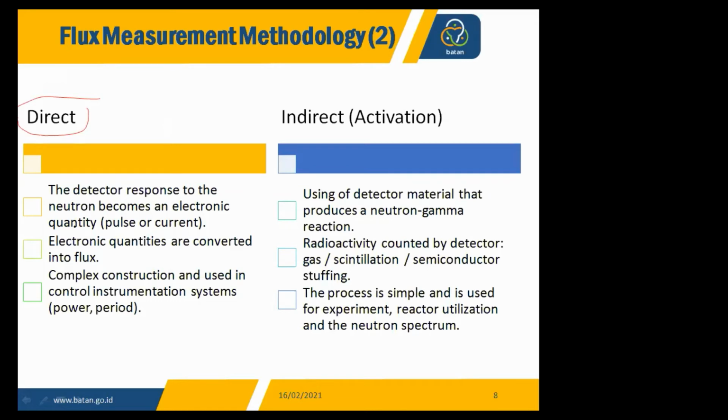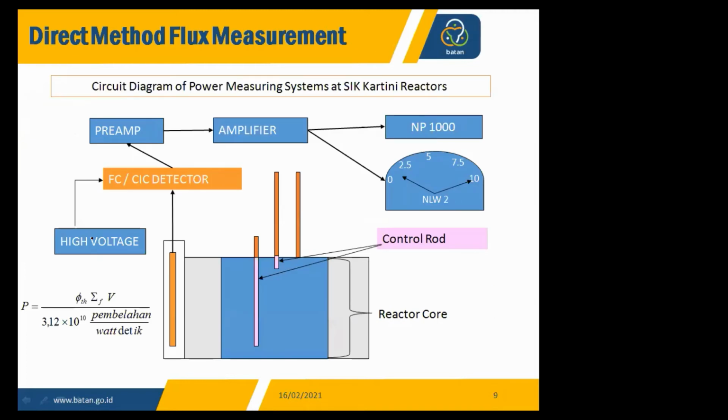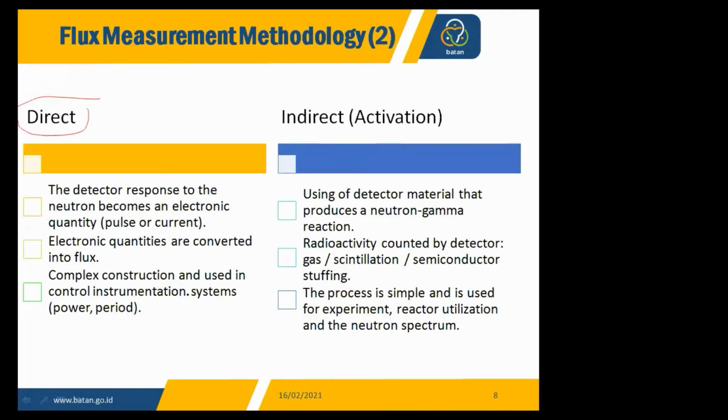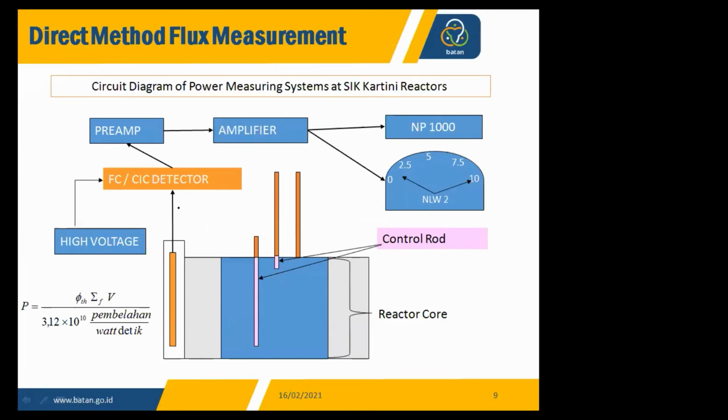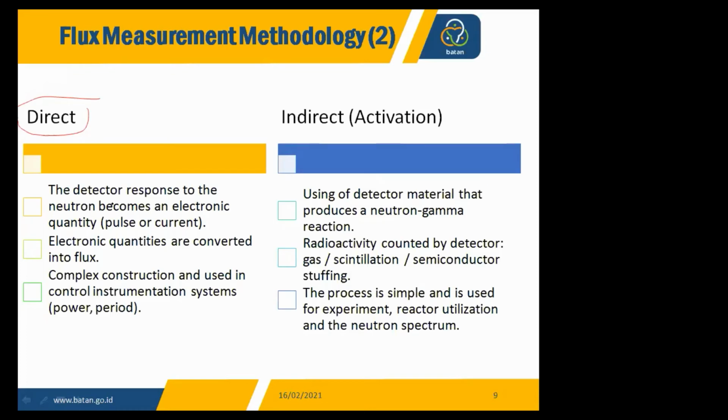Furthermore, the electronic quantities are converted to flux by the system in real time, so that it can be used for reactor power or period measurement in the instrumentation and control. This figure shows the instrumentation and control.